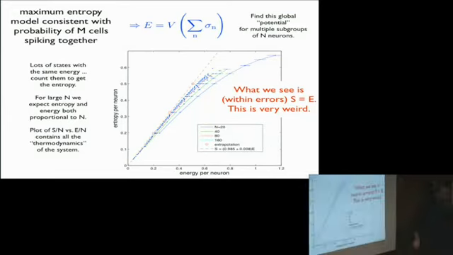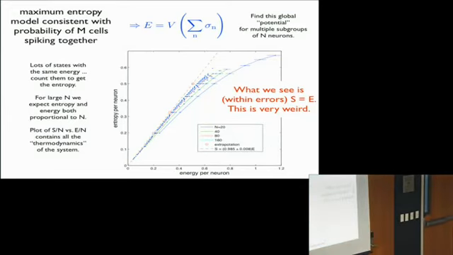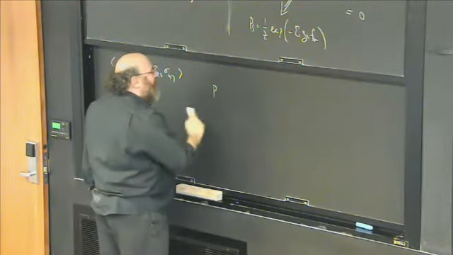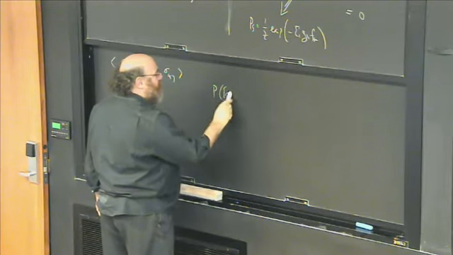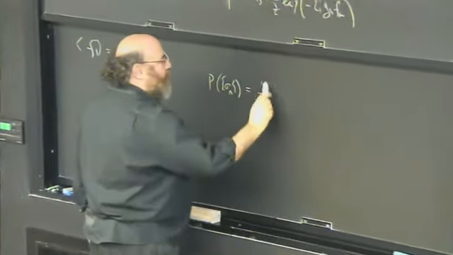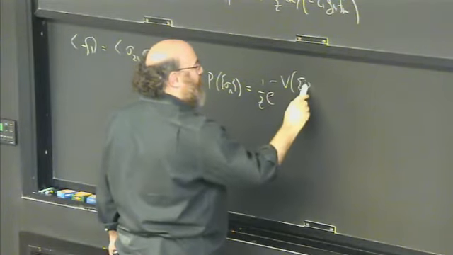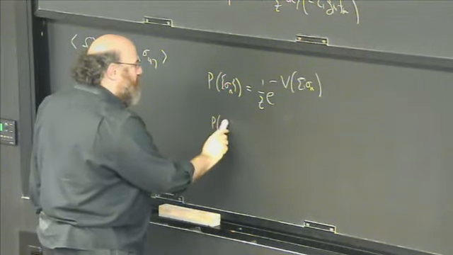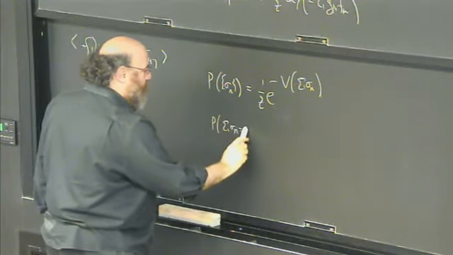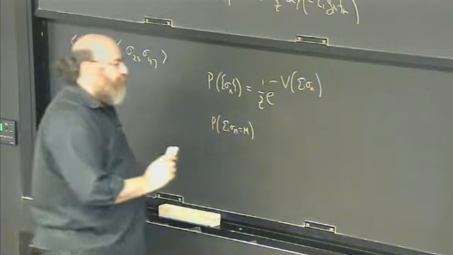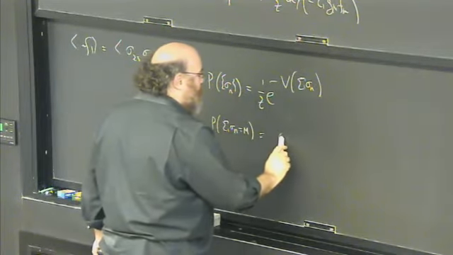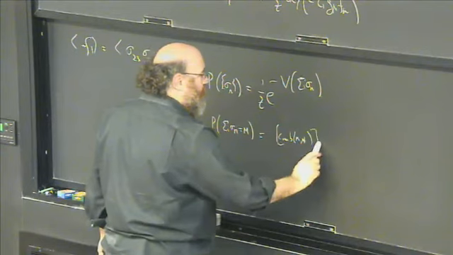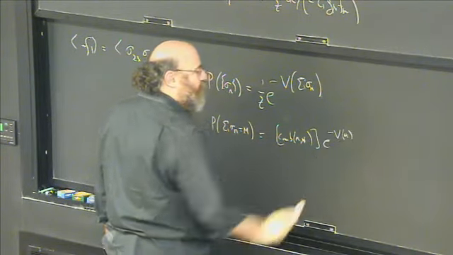So if I ask you what's the probability that this is true, then it's just some combinatorial factor, which depends on m and n, times e to the minus V of m.